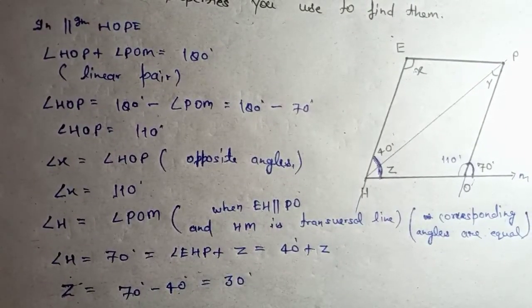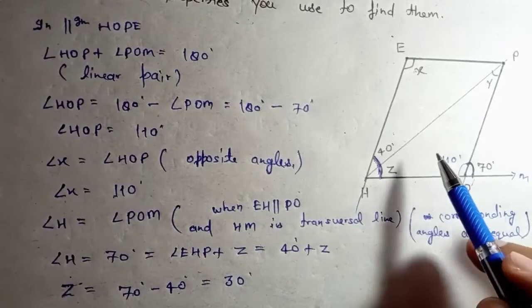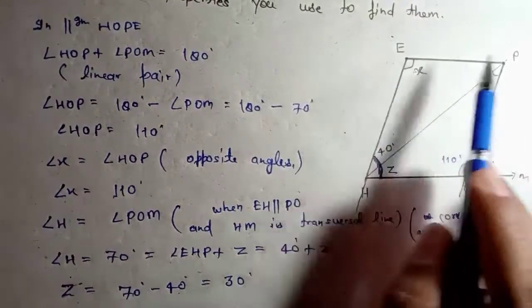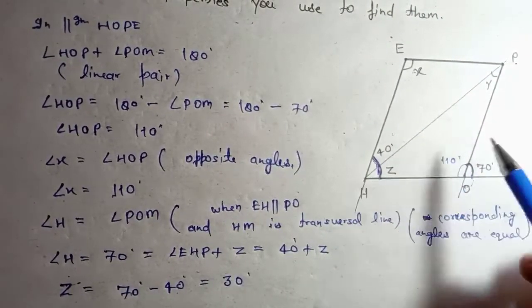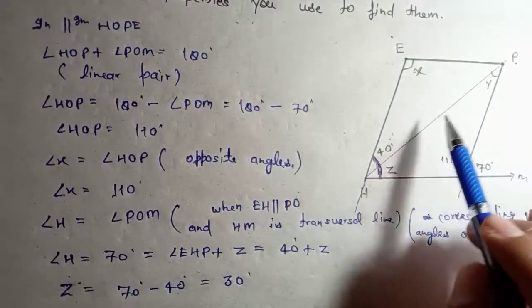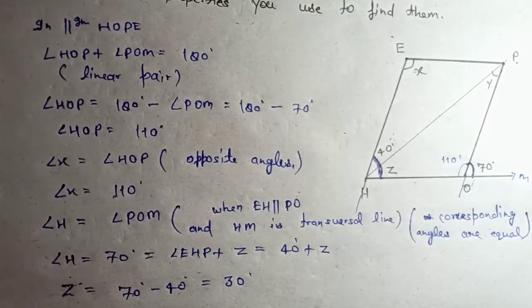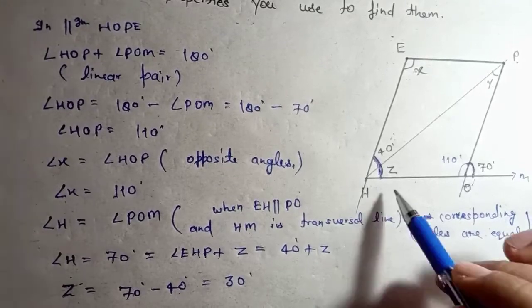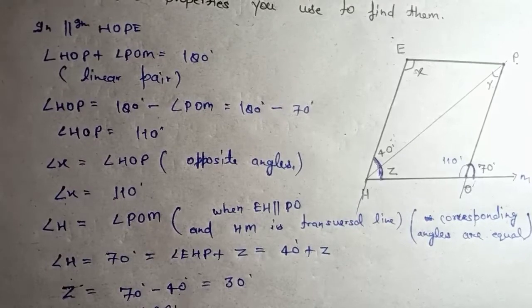Now we have to find the value of Y. You can apply the angle sum property of a triangle, or you can see HO and EP are the parallel lines, and here this HP is the transversal line. So these two angles are alternate interior angles. So write here angle EHP is equal to angle OPH.